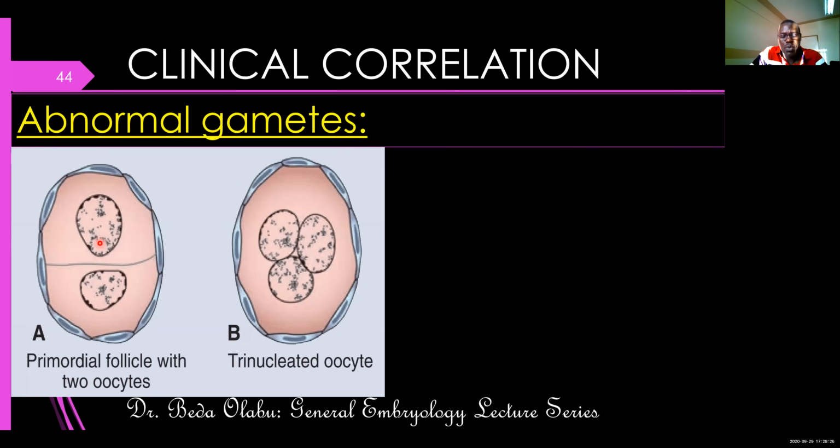So those are abnormal. Rarely will such oocytes be fertilized for some reason. If they are, then rarely they may lead to twin gestation. Most of the time, they're not fertilized. Most of the time, they are infertile.